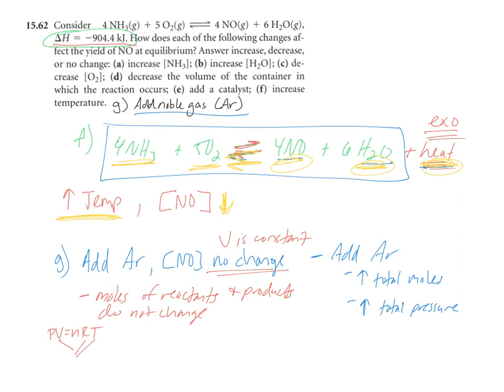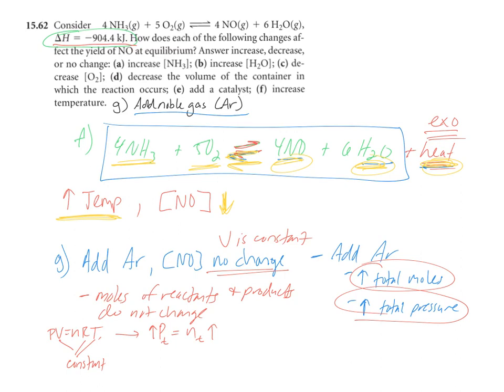So V, R, and T in PV = nRT are constant. So really, we're just looking at pressure and how it's influenced by n. So pressure only depends on the number of moles. Now, if my total pressure increased, as I said over here, it's because my total moles increased. So it was a proportional increase.